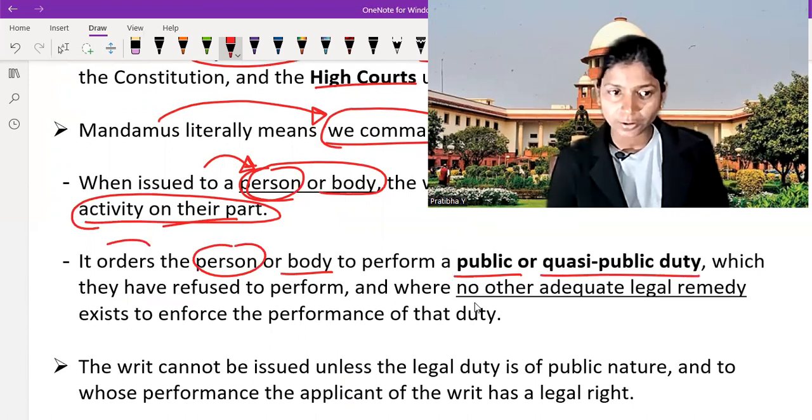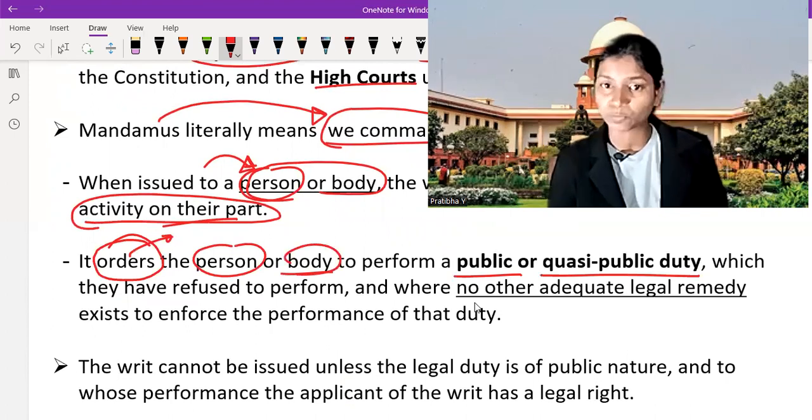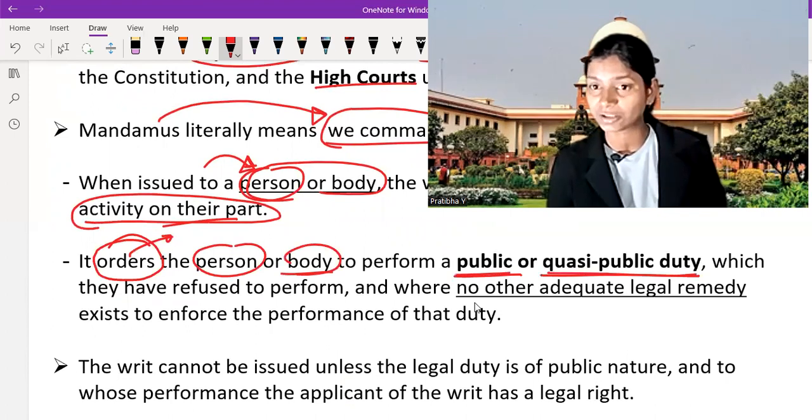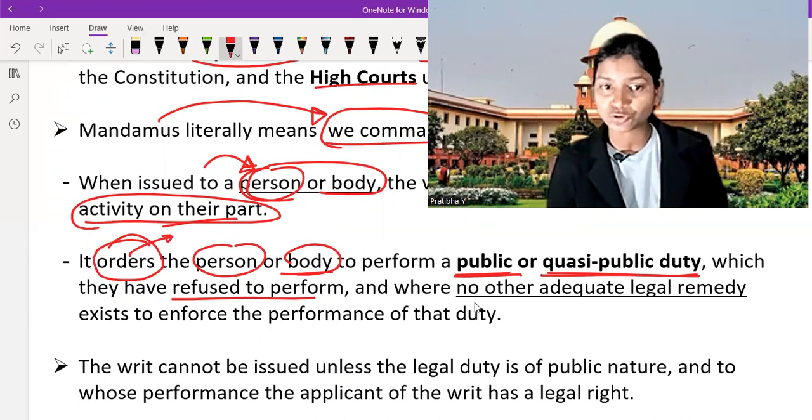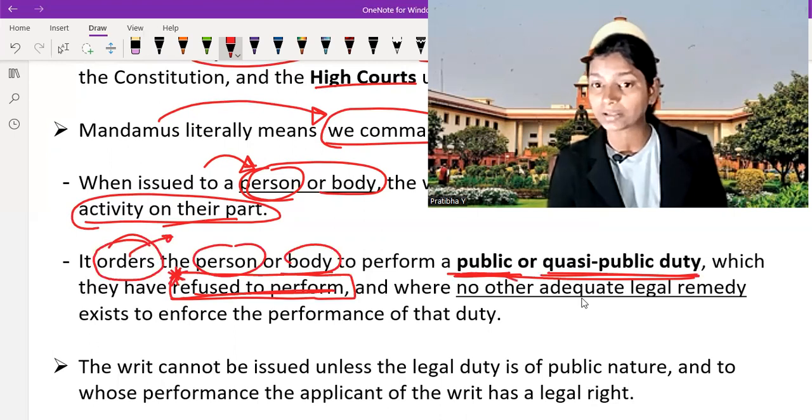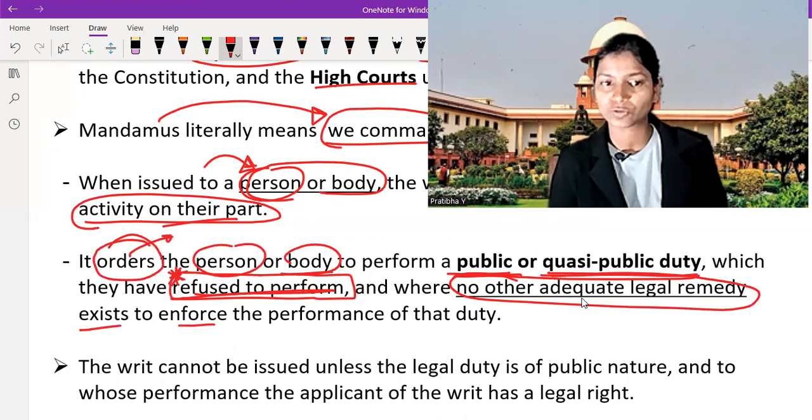What is the purpose of mandamus? Mandamus orders the person or the body to perform a public or quasi-judicial duty which they have refused to perform. Through mandamus, they try to enforce their legal duty. Remember, it is not for any other work they have refused to perform, and it applies where no other adequate legal remedy exists to enforce the performance of that duty.